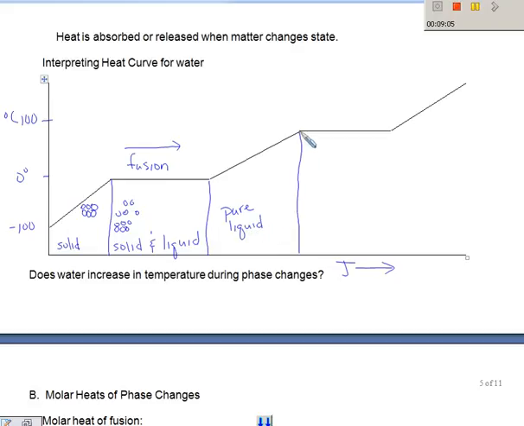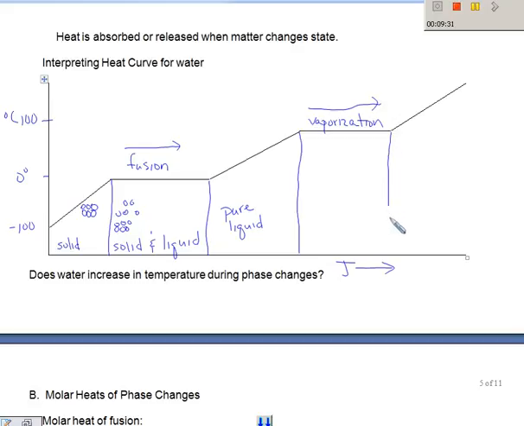Once we get to 100 degrees Celsius, and all of the water has reached 100 degrees Celsius, then we begin to turn the water into gas. And this is vaporization. So this whole horizontal straight line here represents vaporization.